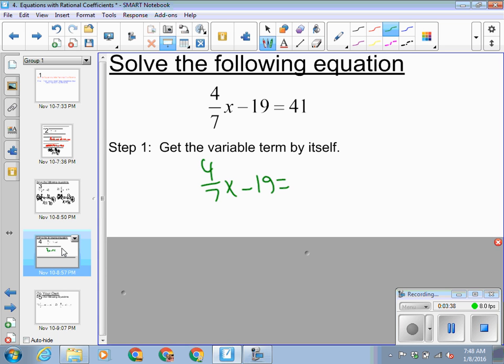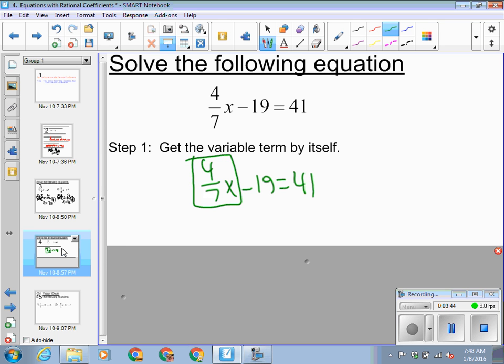The variable term is that 4/7 x. We want to isolate that, get it by itself. We do it by doing the opposite of minus 19. We're going to add 19 to both sides. We haven't touched the 4/7 x. That's kind of alone here in the box. This cancels out. The 4/7 x equals 60.